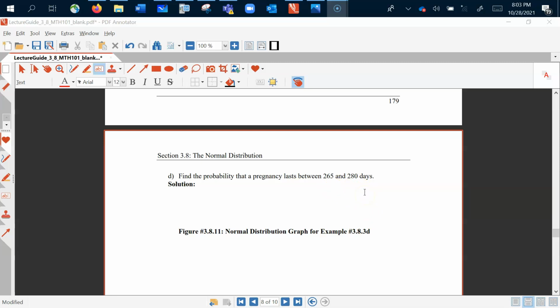So here I'll go ahead and immediately start annotating this. So here, probability, I'm going to replace that with P. So the length of pregnancy is X, and I've got between 280 and 265.